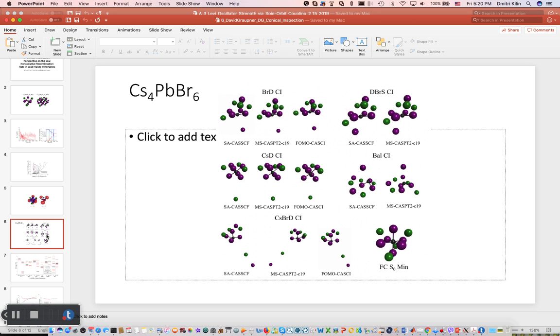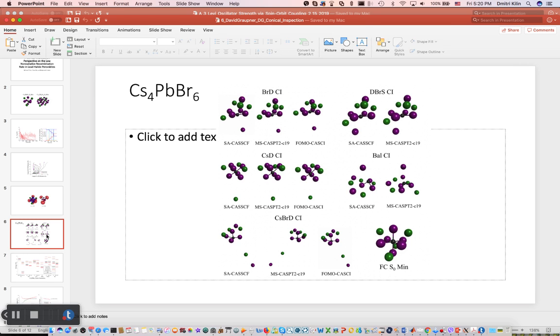In this one they distorted several cesium and bromide atoms away from the lead. Question: was it manually prepared, forcing a couple of atoms away from the cluster, or was it the result of molecular dynamics? Yes, it was forced. Okay. And this one they distort two of the bromines.